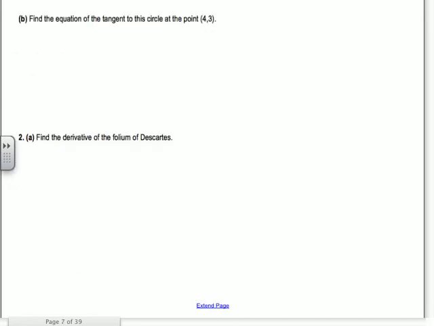So that's part A. Part B says find the equation of the tangent to the circle at the point 4, 3. Well, it's nice that you have the point 4, 3, because x is 4 and y is 3. And what's dy over dx? Just like before, it's the slope.